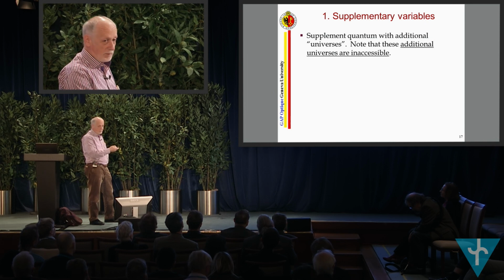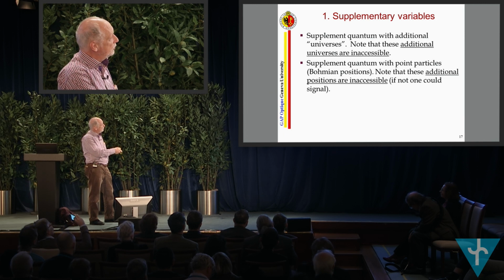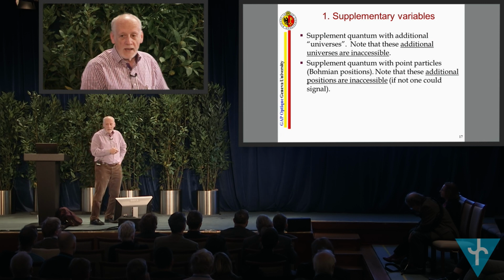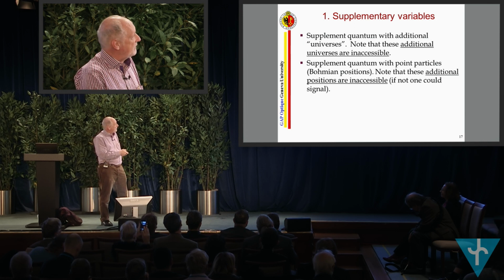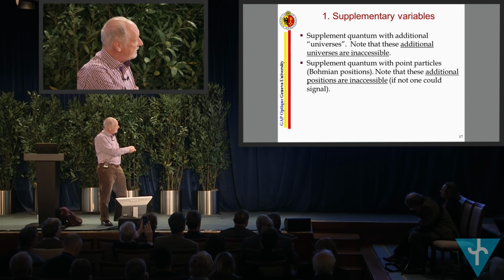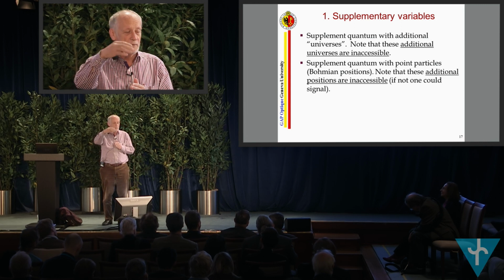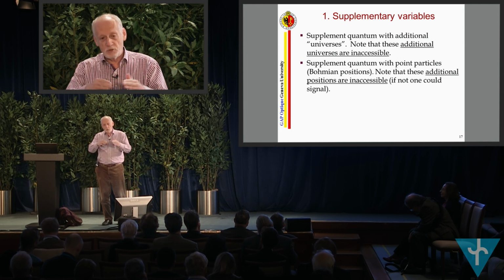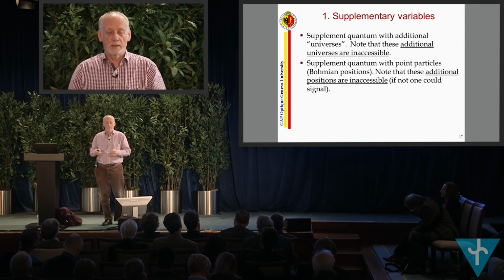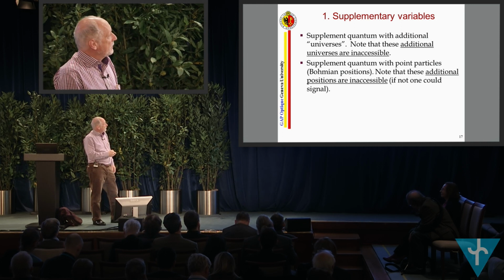A second possible path, very natural for this conference, is to supplement quantum mechanics with point particles, let's say Bohmian positions. And again here, these additional positions, these supplementary variables, are intrinsically inaccessible in the sense that it is impossible to gain information about them beyond that they are distributed according to psi square, or the square of the absolute value of the wave function.